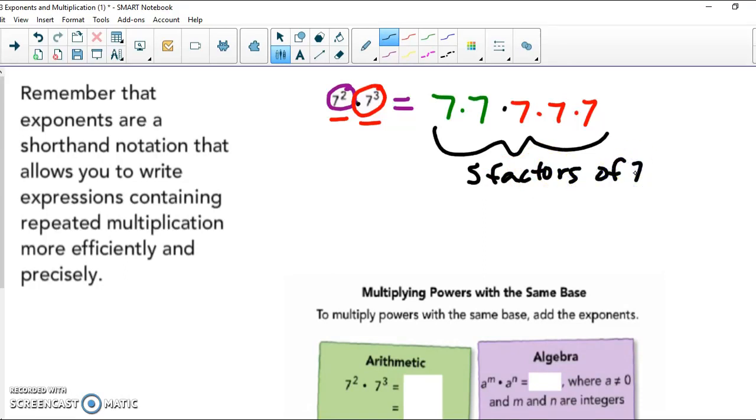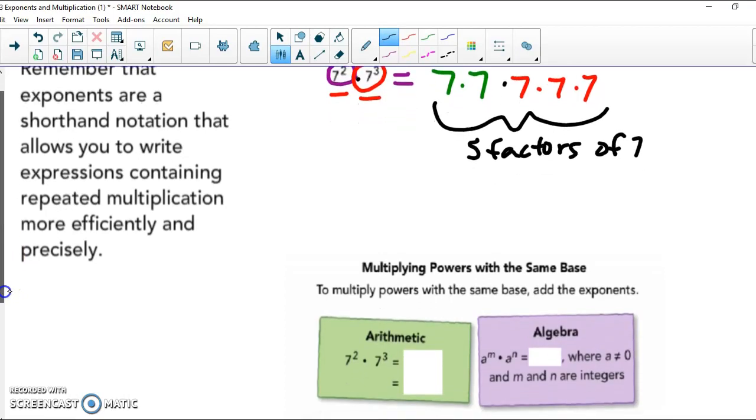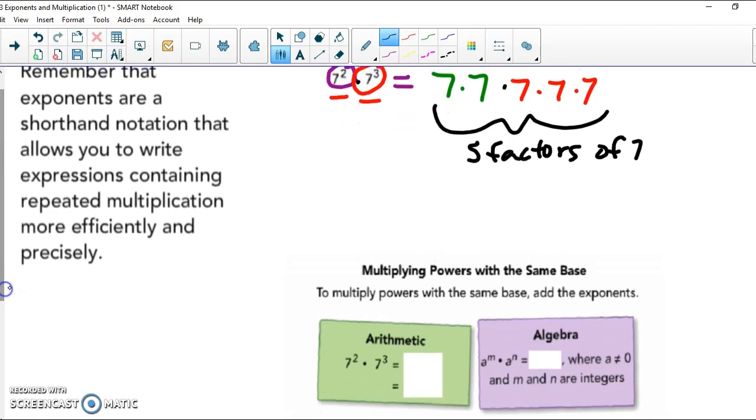So what that means is my shortcut is that when I am multiplying powers with the same base, both of these are sevens, I am going to add the exponents. So I can think of this problem, 7 squared times 7 cubed, as 7 to the 2 plus 3 power.